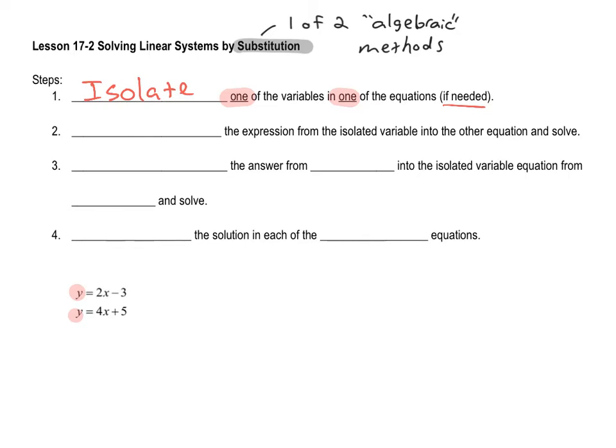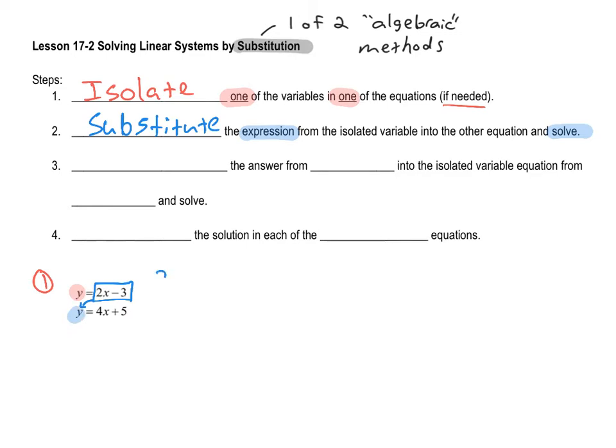The next step, if we don't have step one, is to substitute. So we're going to substitute the expression from the isolated variable into the other equation and then solve. So we have the expression for the first one here, 2x minus 3. We're going to take this 2x minus 3 and we're going to substitute it in for y in the other equation.